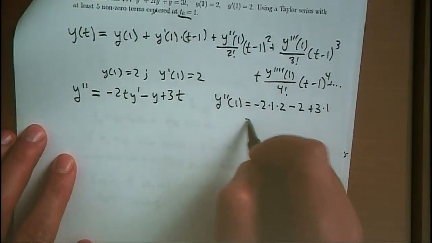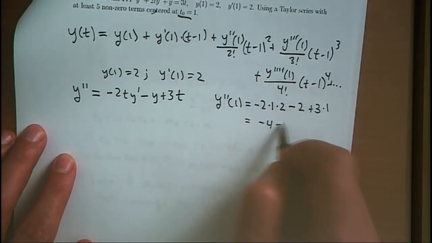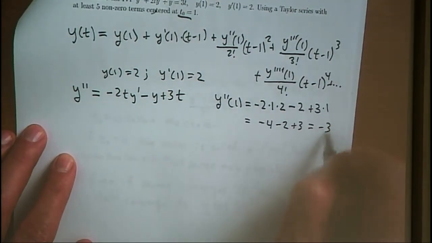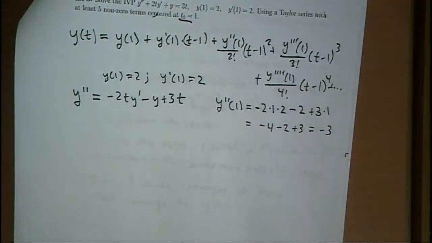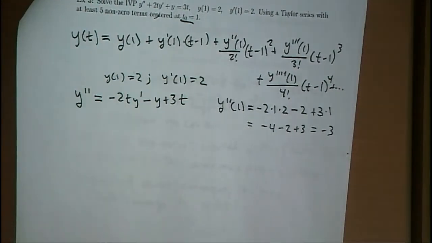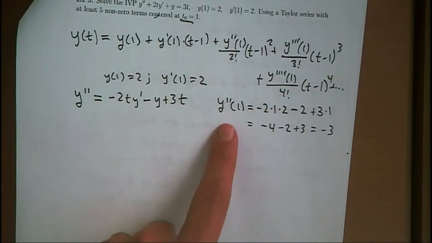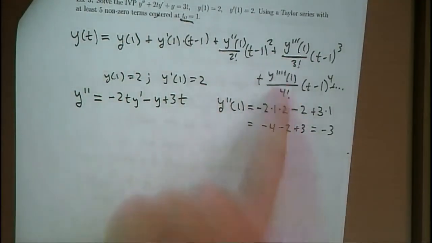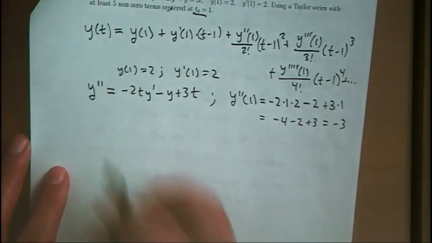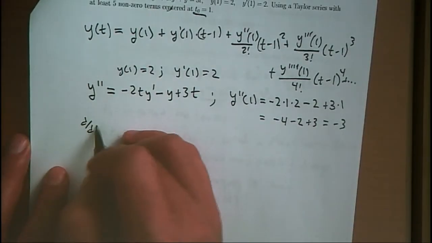So we've got minus 4, minus 2, plus 3. I believe that's minus 3. Let's see if I did that right. Oh, yeah, that looks good. Okay, so I got y double prime at 1. Again, I need 2 more terms. Actually, formally you need infinitely many more terms, but I'm only going to do finitely many here, of course. Okay, so we differentiate both sides.